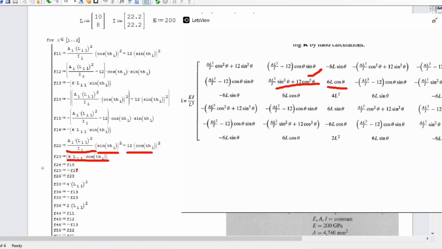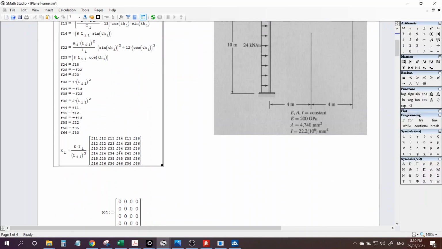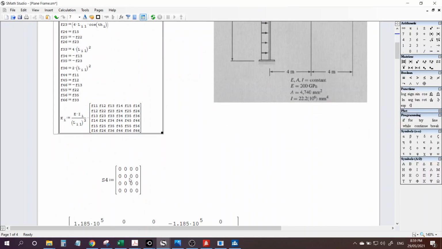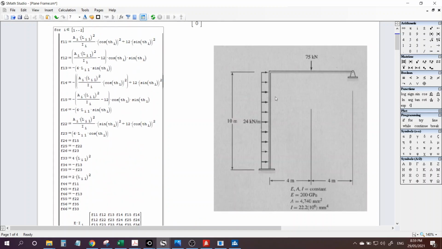And K33 is 4L squared. So that's it. I think this is good. So this is the implementation of that. So again, how about the coding? Let's proceed with the coding.